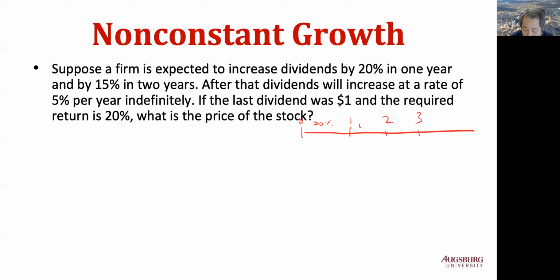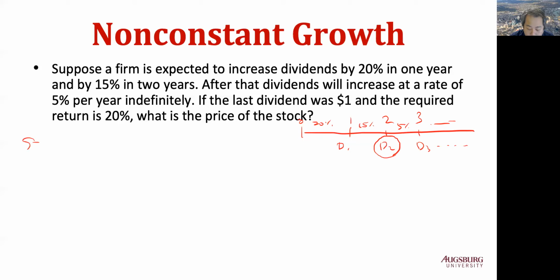You have D1, D2, D3, and so on forever, right? What is the first dividend that starts to behave like the constant growth model? That's dividend 2. So instead of finding the timing, let's find the dividend itself.